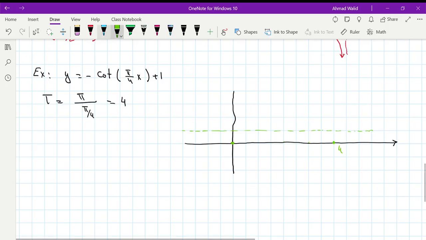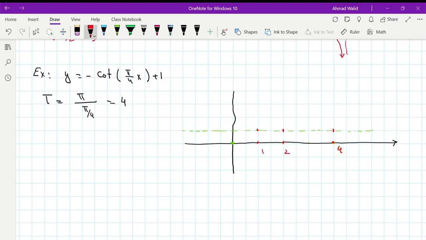Let me mark it with red pen so that you can see. Also mark it on the shift. Half of the 4 is 2. Correct? And half of 2 is 1. And halfway between 2 and 4 is 3.